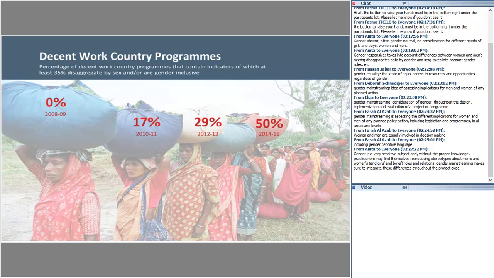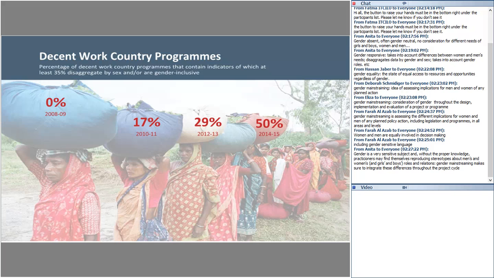And a gender inclusive indicator is simply either one that is disaggregating progress or gaps by sex, or it's measuring progress in promoting gender equality or sensitizing men and taking a men and masculinities approach in the context of promoting gender equality and women's empowerment, or trying to dismantle sexist laws or legislation. These are the types of examples.